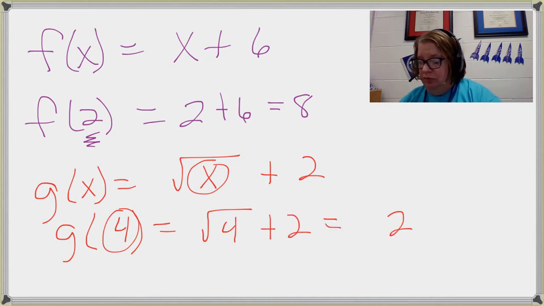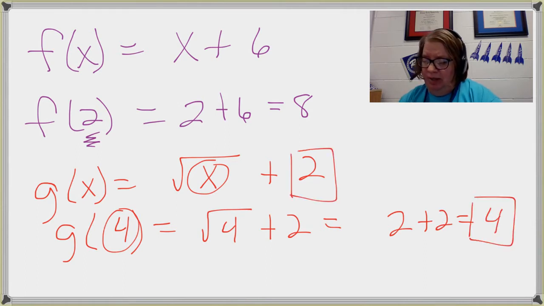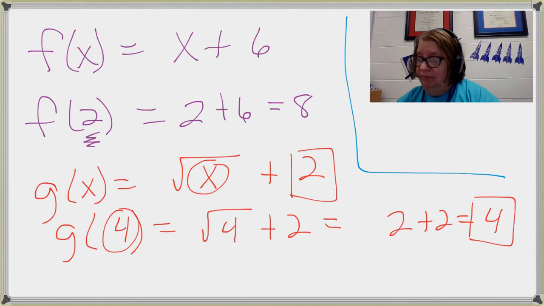Square root of 4 is 2. 2 plus 2 is 4. We've done that before. You might have something that looks like this. Let's draw a little line here. Maybe you had h of x equals x squared, and you're asked to find h of 6.